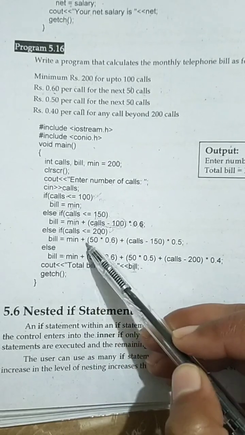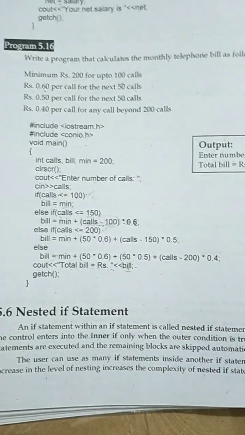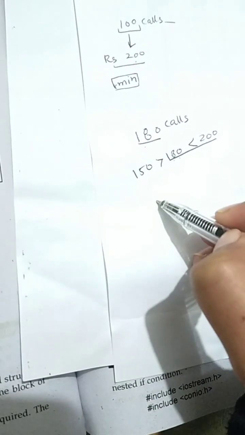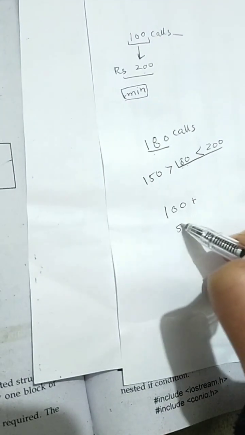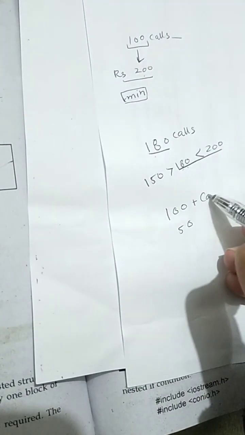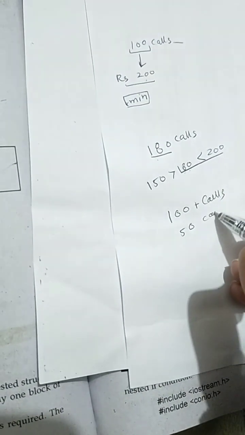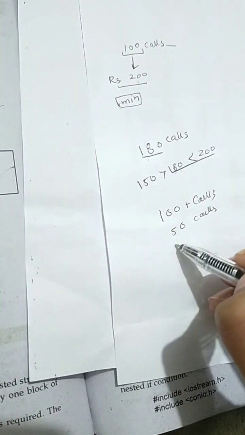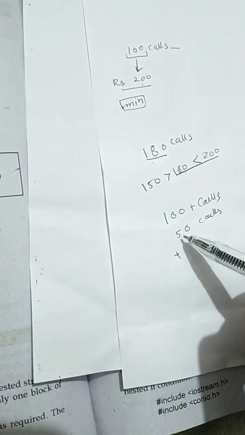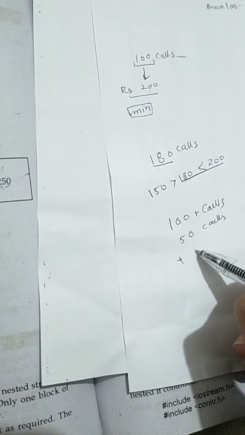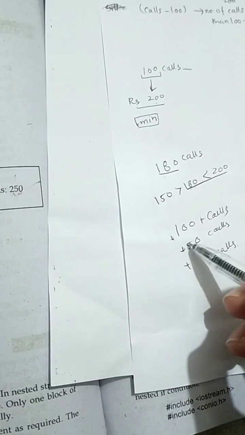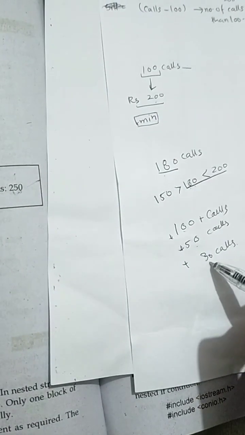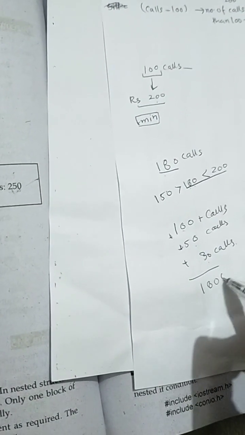Now we know that 180 means 100 calls plus 50 calls plus 30 calls, so 100 plus 50 plus 30 is 180 calls.